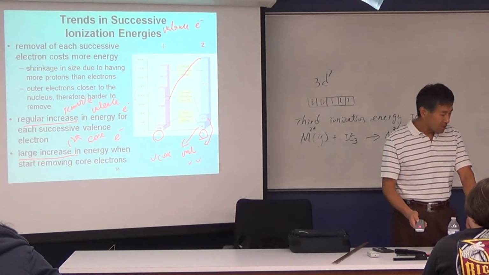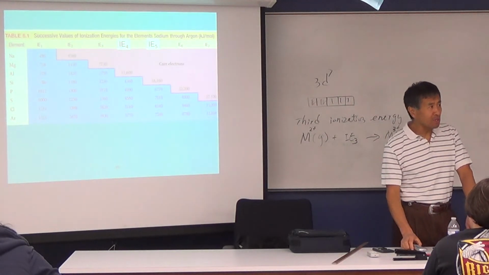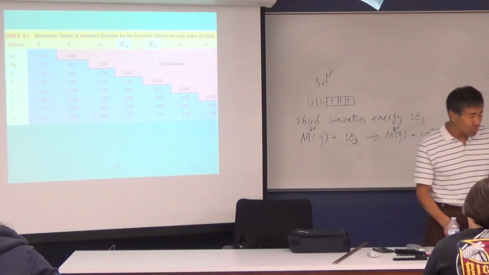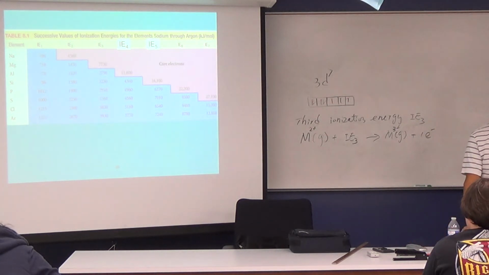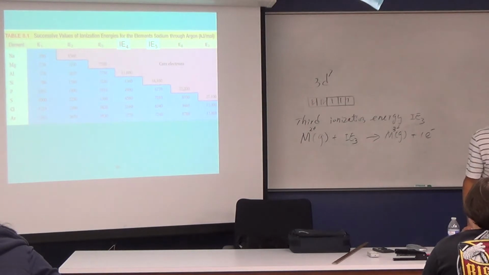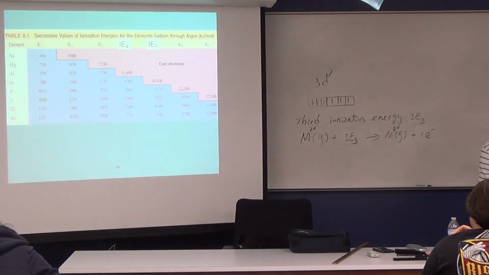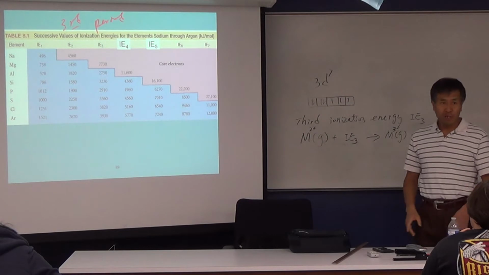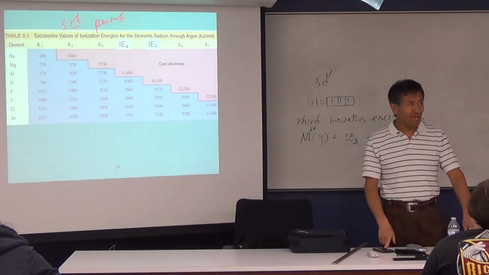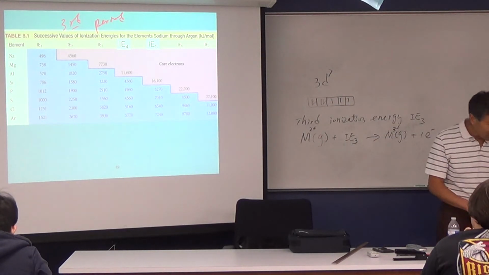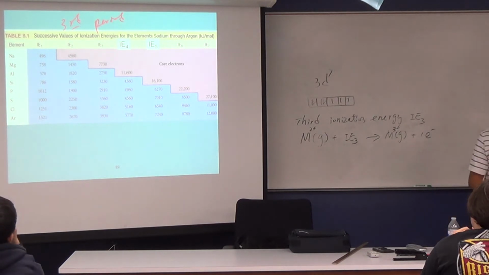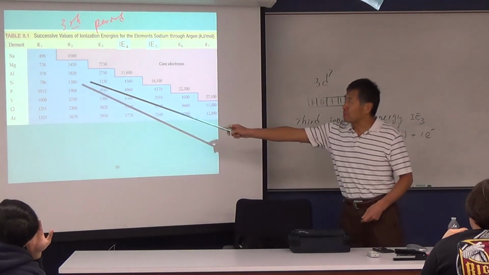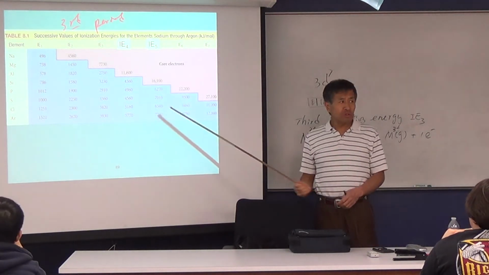So once you see those successive IEs, we have here those elements in our third period, right? On the last slide, we only had Na and Mg, so we use different ways to show the data.